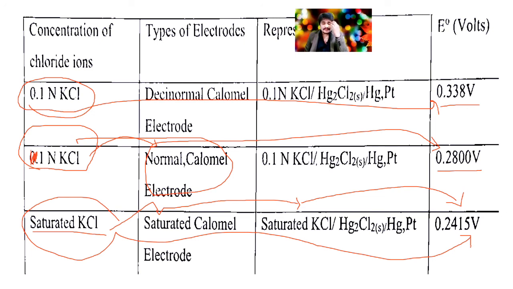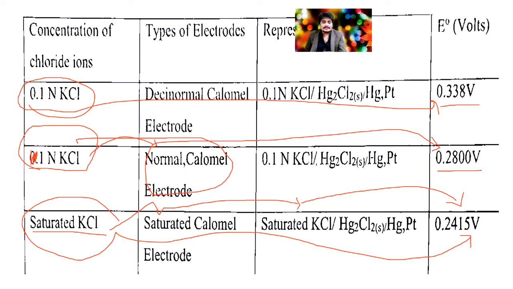So with this, we are done with the saturated calomel electrode. I have demonstrated the construction of the saturated calomel electrode, and I have clearly explained the reactions involved, that is, what reactions occur whenever it acts as anode and whenever it acts as cathode.